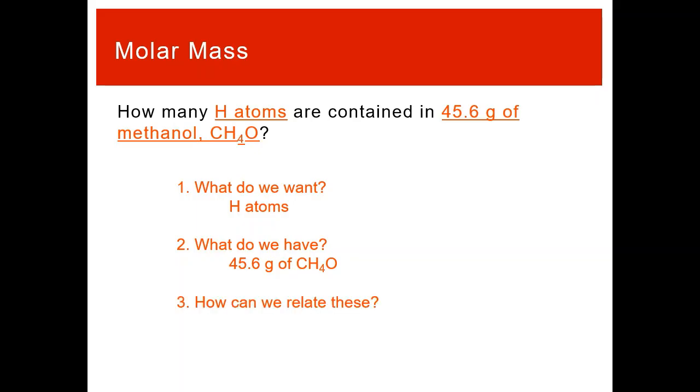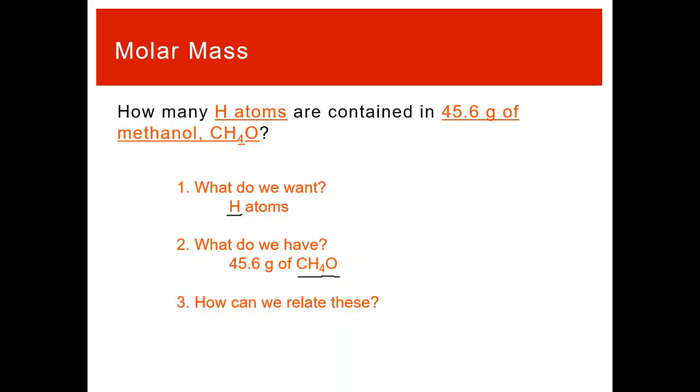We want to think about how we can relate these, and we can think about what is different between them. So the first difference we can see, this is hydrogen, this is CH4O. Those are different substances that you are looking at. So right away, we would imagine we're going to need to use molecular formula to relate those two different ideas.